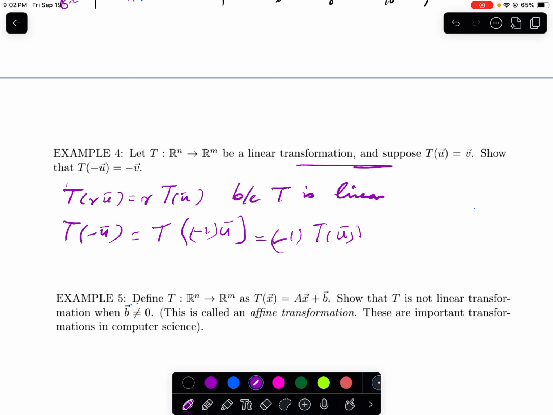Now this is just negative T of u, but T of u is v. So it's equal to negative v. We have shown the result.